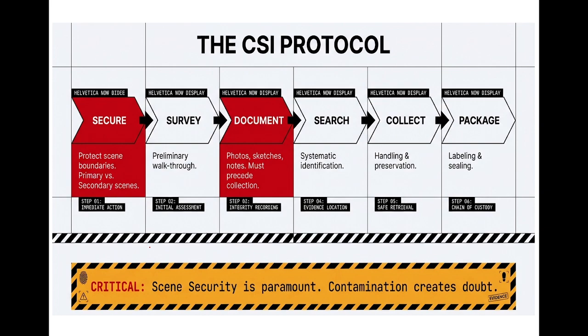So when we say chain of custody, it's still the same chain of custody that we've learned. Okay, we talked about scene security being very important: contamination creates doubts, and previously we talked about how any little doubts in court will render the evidence inadmissible. Inadmissible in court means not acceptable. Okay.